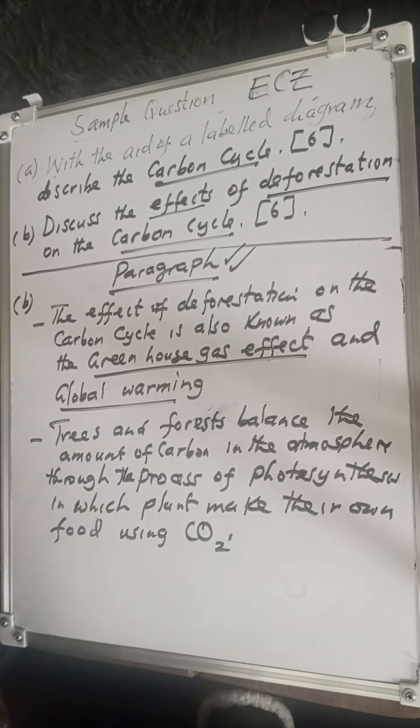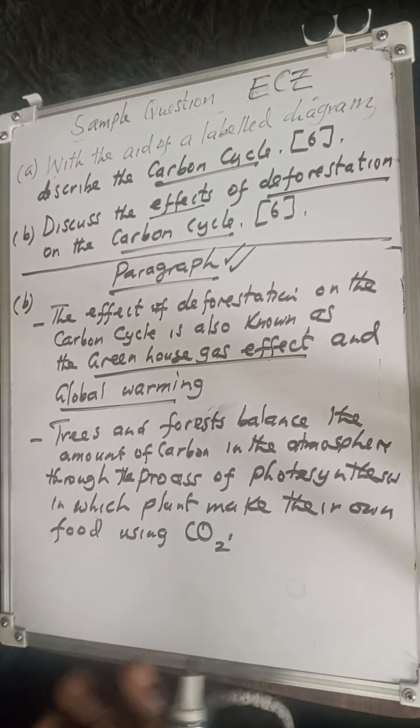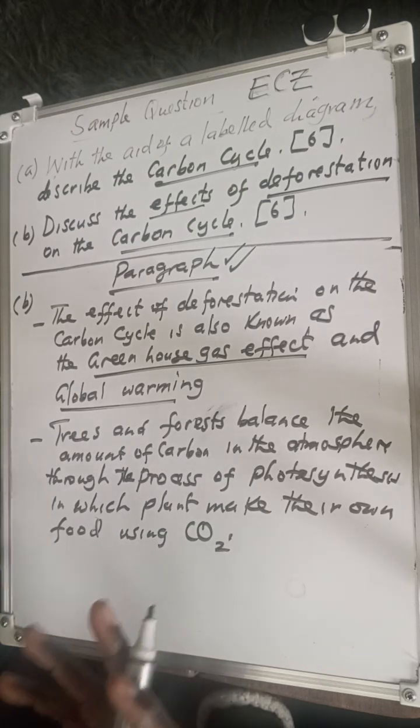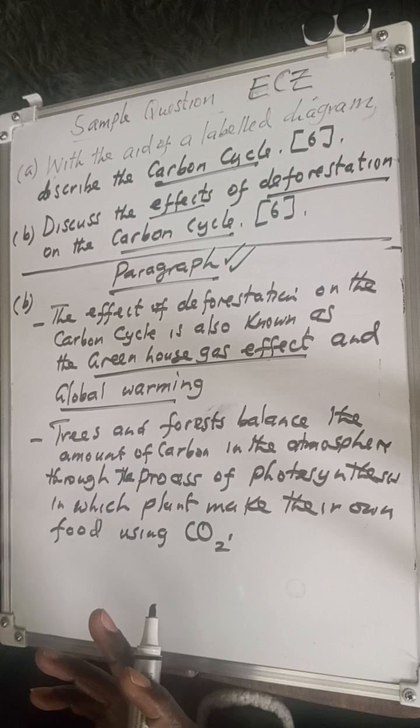So once plants make their own food using carbon dioxide, now imagine if plants are cut down, it simply means that the amount of carbon dioxide in the atmosphere is going to increase.